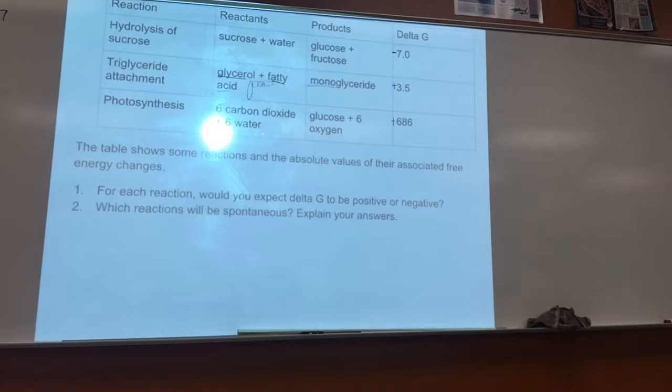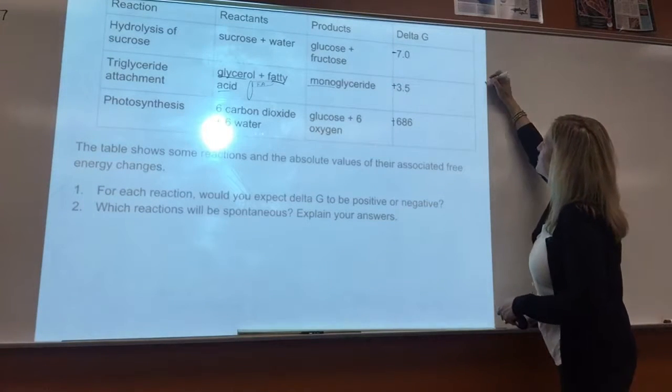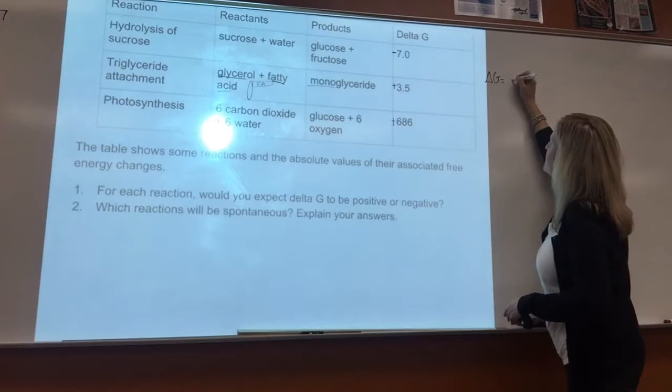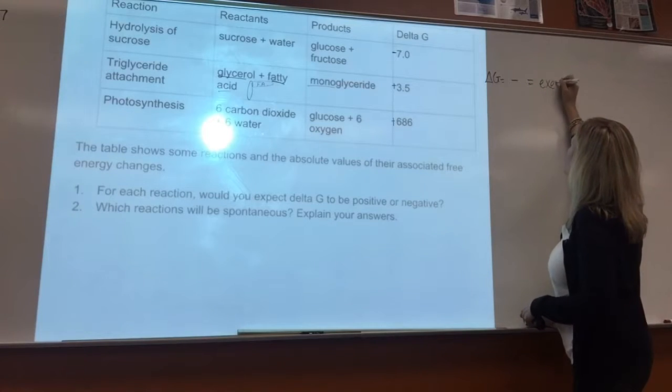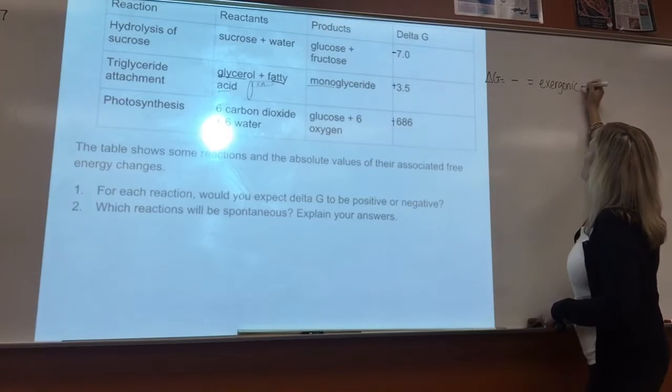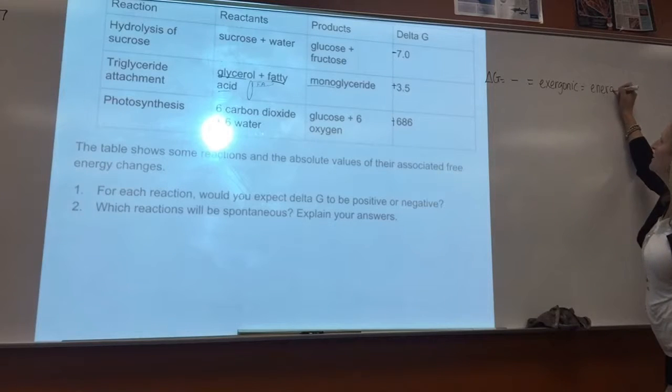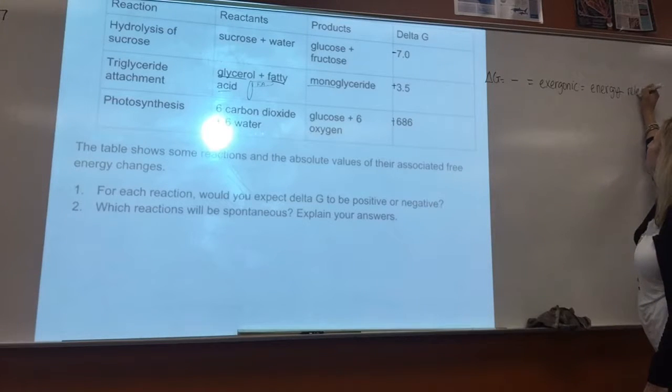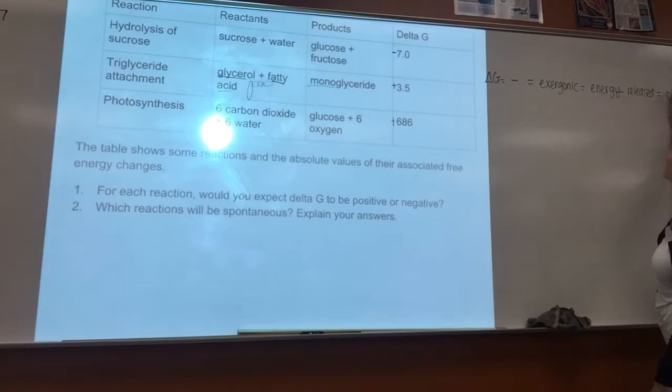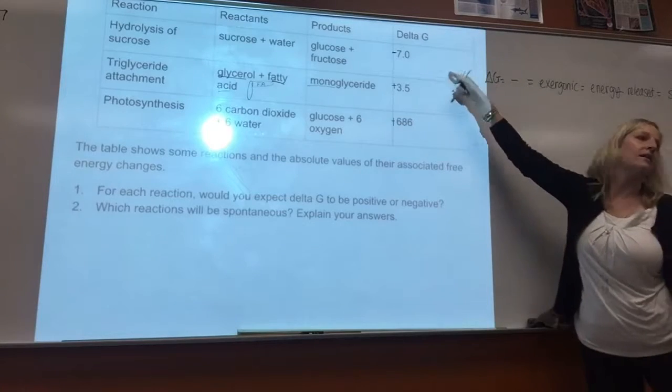All right. So remember that when your delta G is negative, that is an exergonic reaction, which means that energy is what? Released. And this is another way to say spontaneous. And so the only one that's true about is that first one.